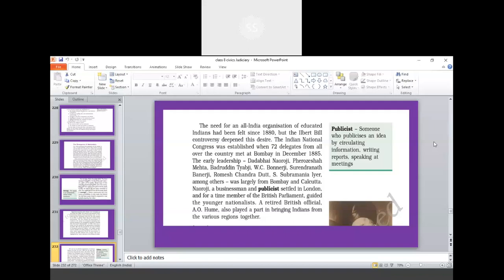The Indian National Congress was founded in 1885 by A. O. Hume. Indian National Congress founded in 1885 by A. O. Hume.